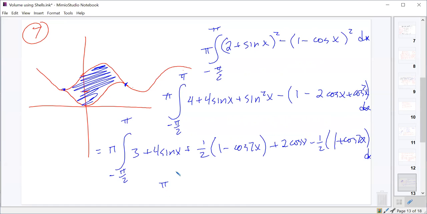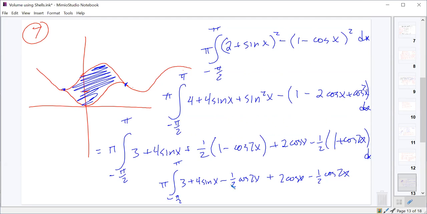One more simplification here. We got the plus 1/2 here, and we got a minus 1/2 there, so we can get rid of the plus 1/2 and the minus 1/2. So we're just going to have 3 plus 4 sine x minus 1/2 cosine 2x plus 2 cosine x, and then minus 1/2 cosine 2x again.